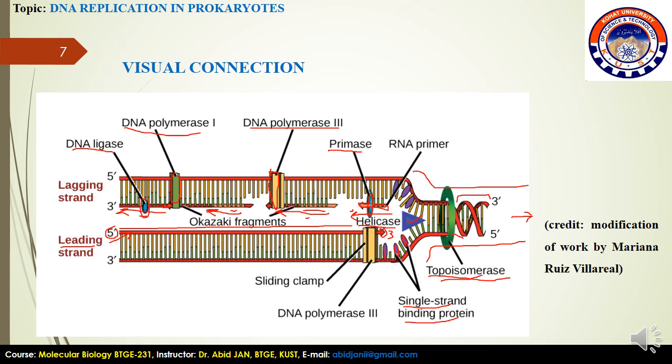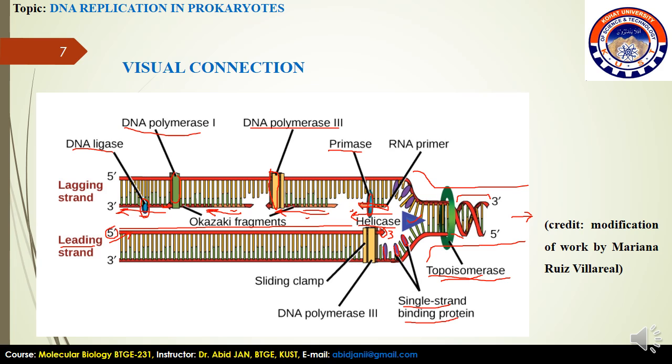Topoisomerases prevent the overwinding of the DNA double helix ahead of the replication fork as the DNA is opening up. It does so by causing temporary nicks in the DNA helix and then resealing it.